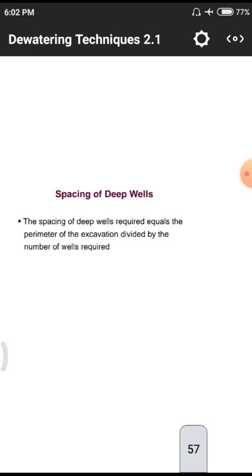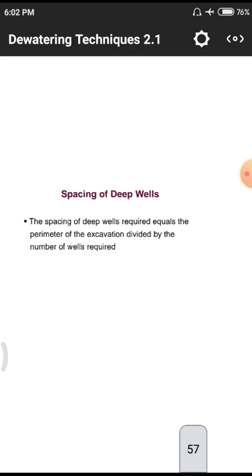Next one is the spacing of deep wells. It has some importance. Deep wells are normally constructed to control the entrainment of water, and in some cases we have to excavate the water. That means excavation of water also takes place to decrease the groundwater level to a particular level from the foundation.